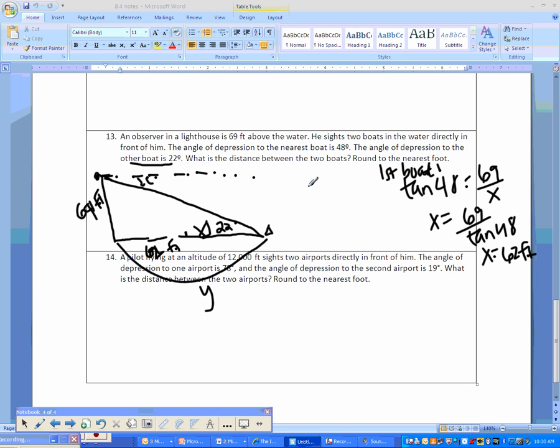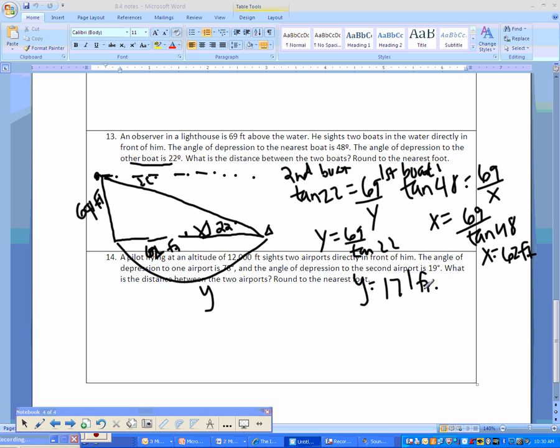And wouldn't you know it, to find the distance of the second boat, you're going to use tan again, but it's tan of 22 degrees this time equals opposite, which is still 69, over the distance, which is y. So you flip them again. So literally you put 69 divided by tan 22, and I get that the second boat is 171 feet away.